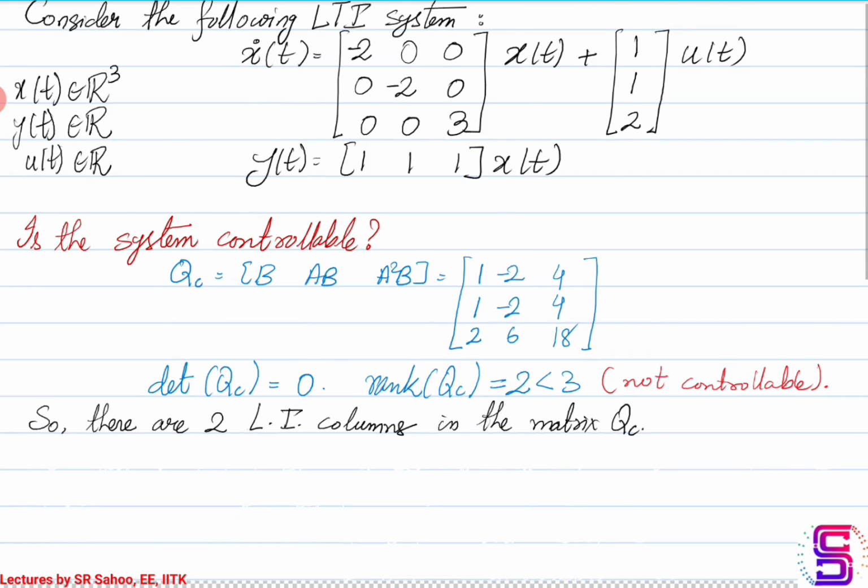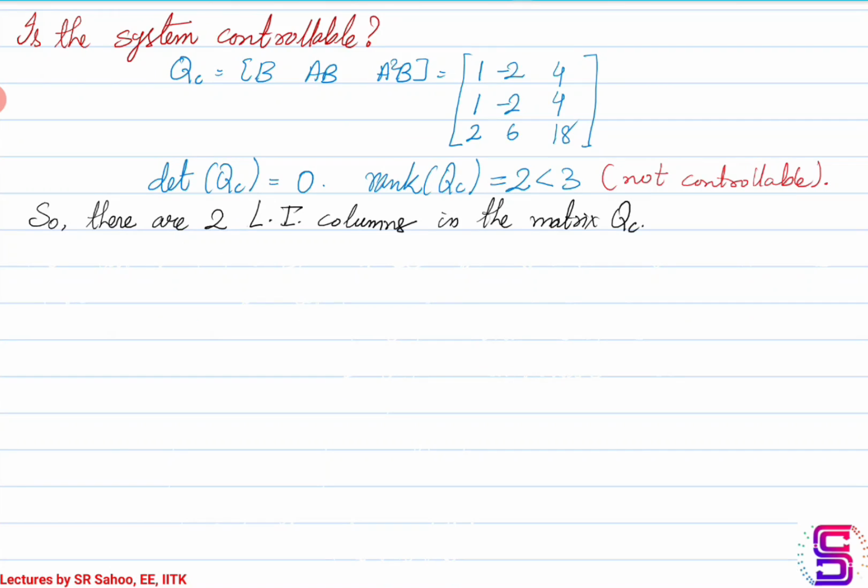So what we will do here is construct a state vector such that the first two states of the state vector are controllable states, and the third state of the state vector is the uncontrollable state. You note that the rank of QC essentially tells you how many controllable states and how many uncontrollable states there are. Whatever the rank of QC is, that many controllable states there would be.